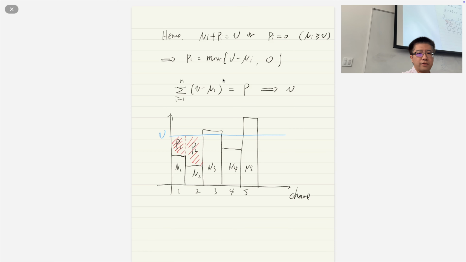But for the third one, nu minus N3 is negative, therefore P3 is 0, right? Anything above this bar, we do not allocate any power. This is P4, and for P5, it'll be 0.